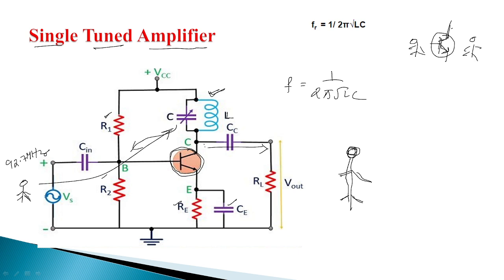So that is the tuned circuit function. By varying these L and C values we can tune, we can select our required frequency.